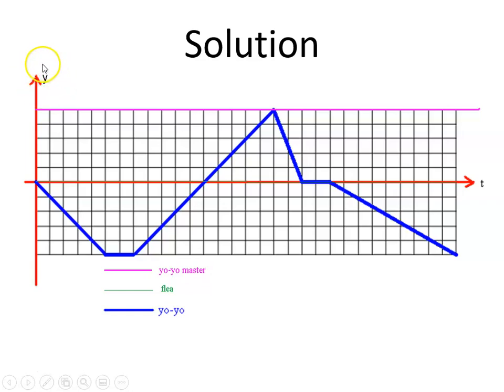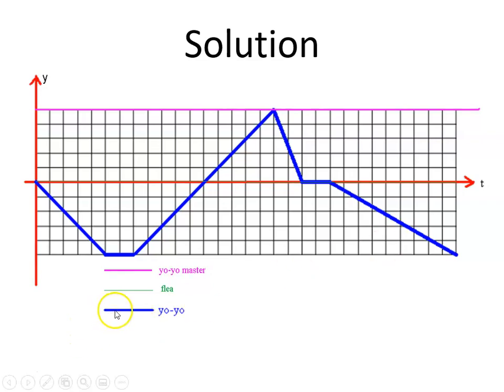That's the initial vertical position. Okay, so again, I decided to be a little pedantic here, and I graphed the yo-yo master. So there's the yo-yo master, at least the yo-yo master's hand, toward the top. And you might be able to see a very thin green line in the middle of this. That is the flea watching in the middle of the dresser drawer.